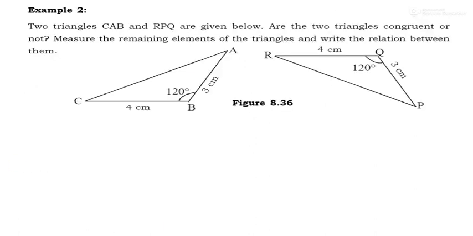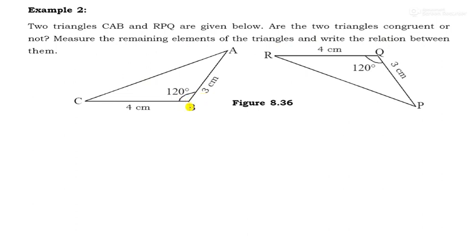Now come to the next one. Yes, example 2. There are two triangles CAB and RPQ given below. Are the two triangles congruent or not? Measure the remaining elements of the triangle and write the relation between them.